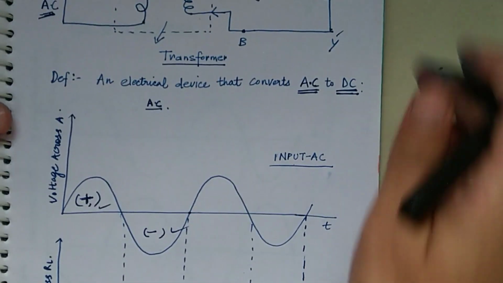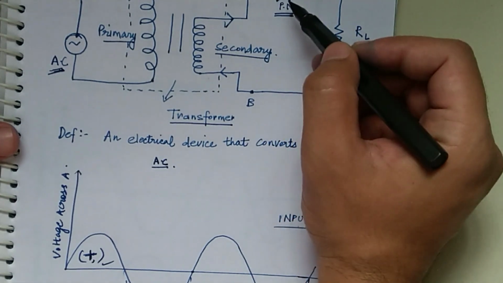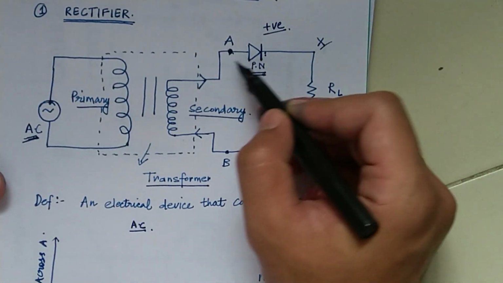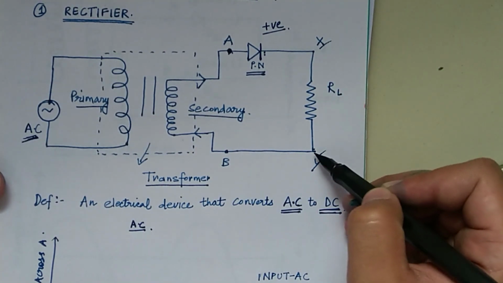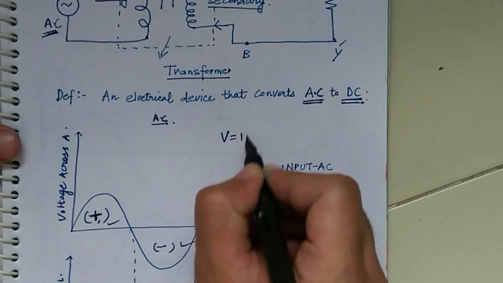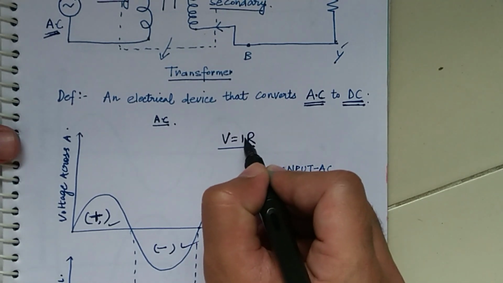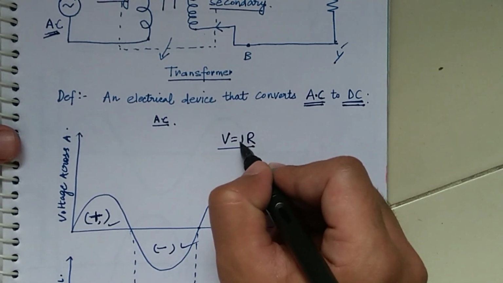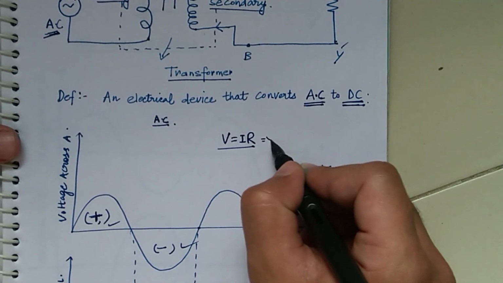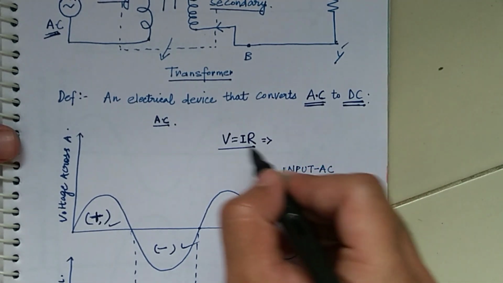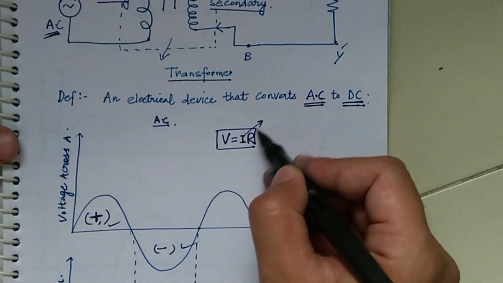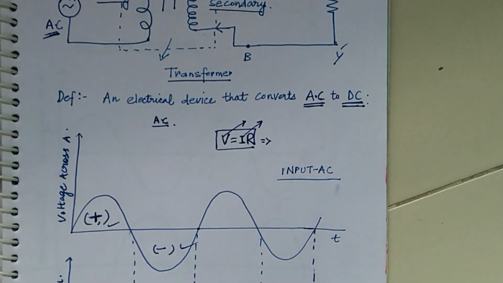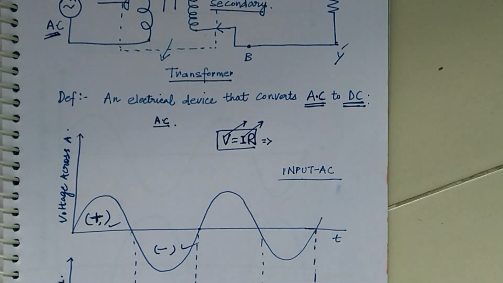Since it is reverse biased, there is no flow of current and no resultant drop of voltage, because we know Ohm's law, that is V equals IR. If there is no current, there will be no voltage, because V is directly proportional to I. Now I hope this is clear.